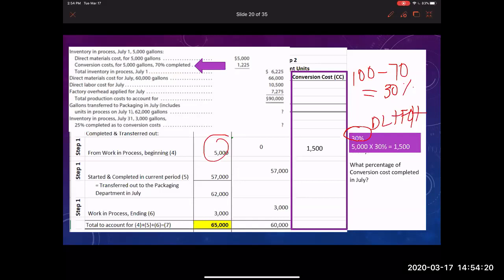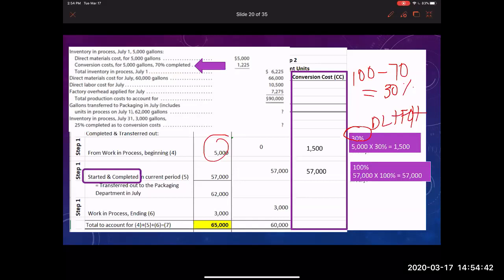If they're started and completely done, that means it's all done. The key words being started and completed, it's 100% complete with regard to all of the direct labor and all of the factory overhead. So 100% times the 57,000 gallons gives me 57,000.